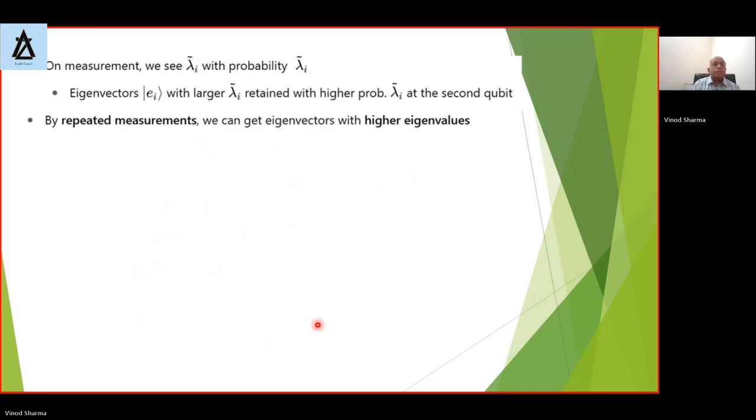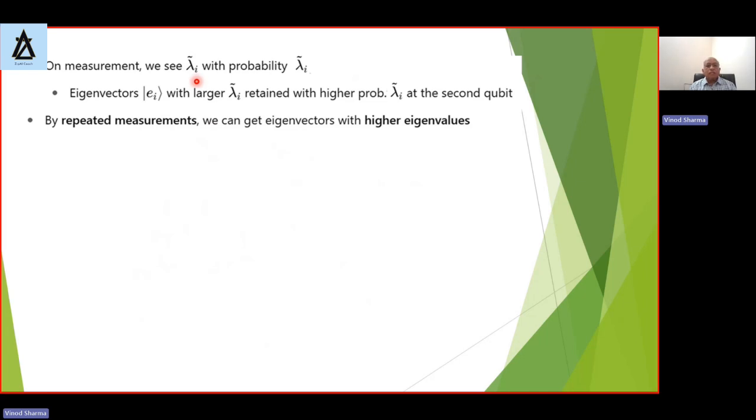Now, we make measurements. If you make measurements on the second register, then we see lambda i tilde with probability lambda i tilde. So if lambda i tilde is large, we are going to see this corresponding eigenvalue with higher probability.